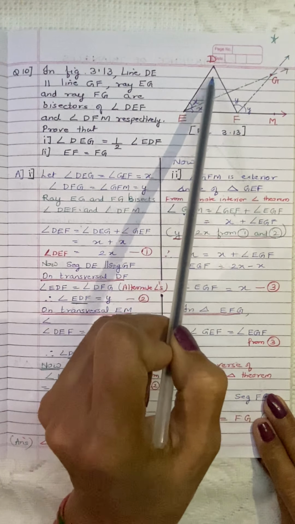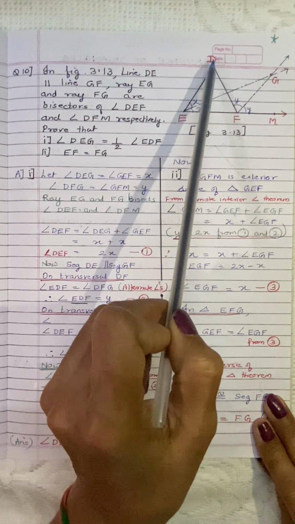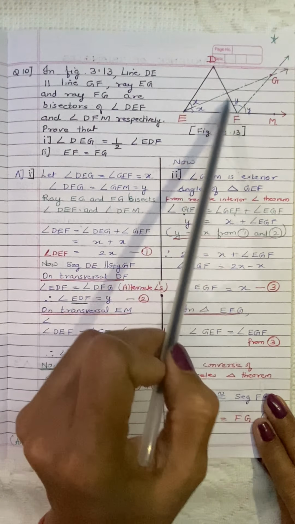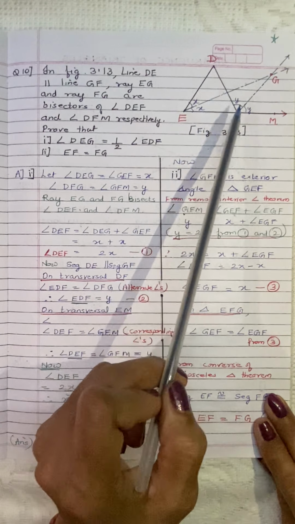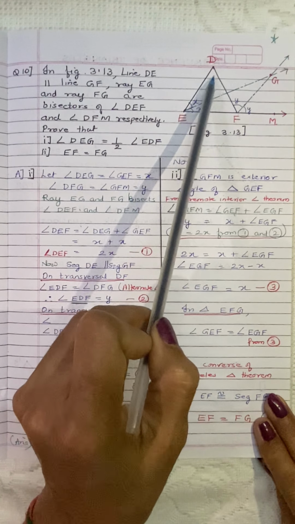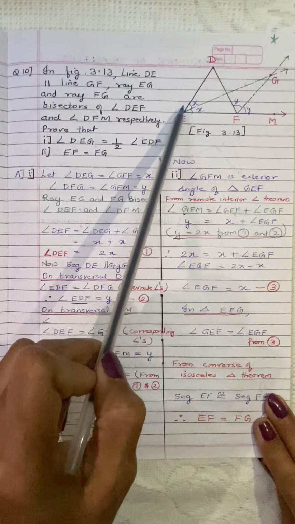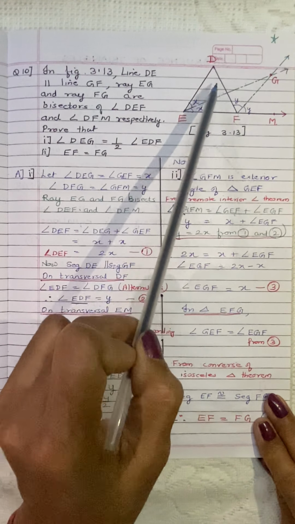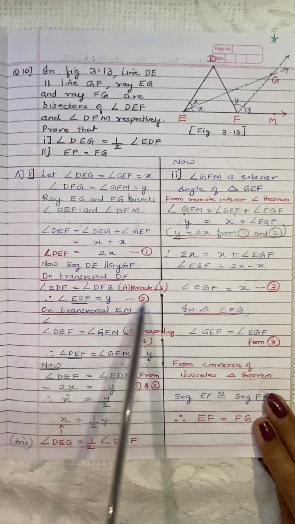Now this angle and this angle measure the same because they are in between the parallel lines, so alternate angles measure equal. So angle EDF is y, and this is also y.